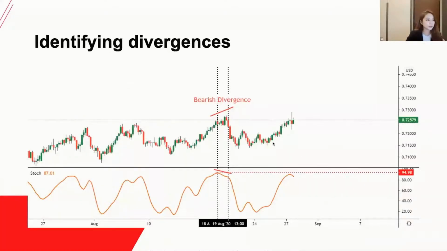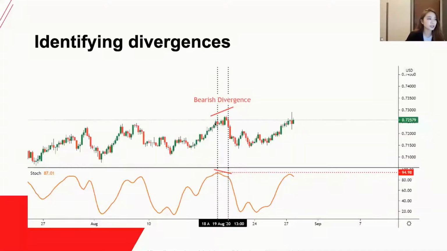So how can we identify divergence in stochastics? In the first few slides, we mentioned that stochastic looks at price momentum, right? You can see that in this case, it did reach the peak beforehand. However, there was a slight increase in the price point.